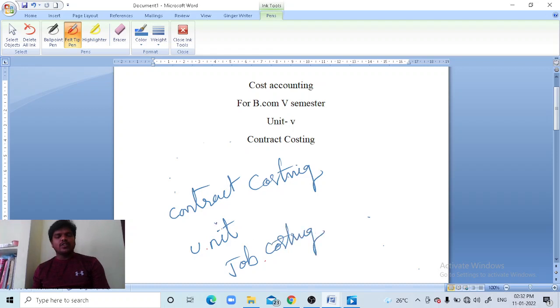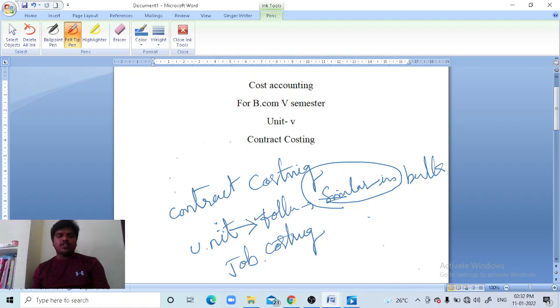Unit costing is the system of accounting followed by organizations that produce similar products in bulk.